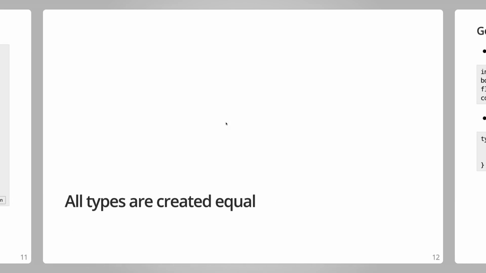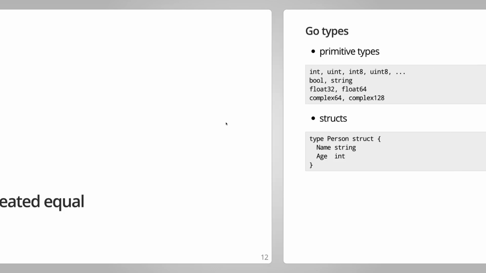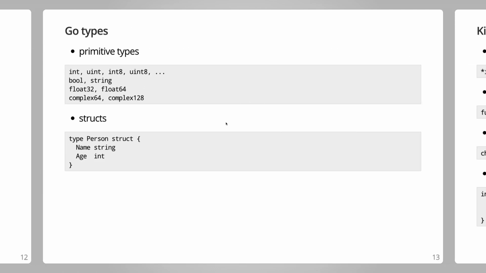All right, so let's move on to a little bit about types. In Go, we have, as in Java, what we call primitive types. And they are typically ints of various sizes. So there's int, uint, which is unsigned integers, and there's int8, uint8, int32, and so on up to 64.